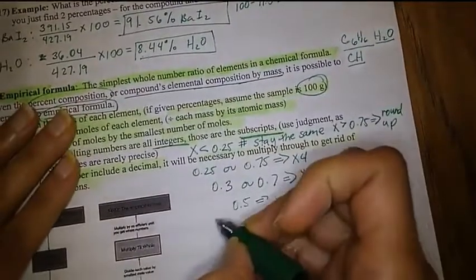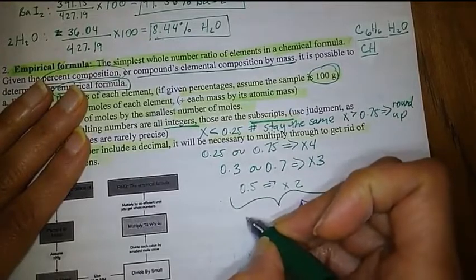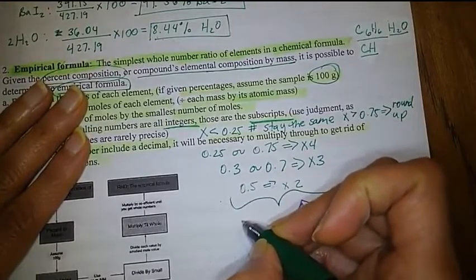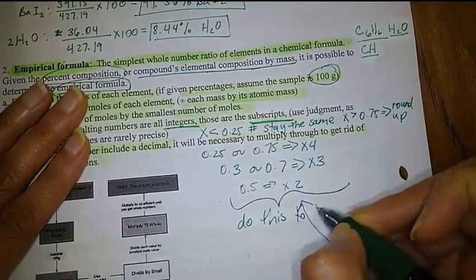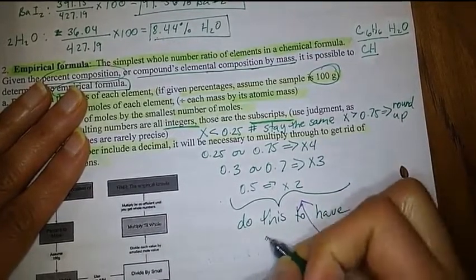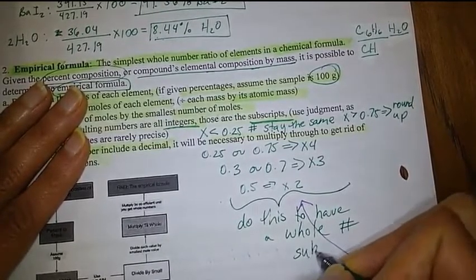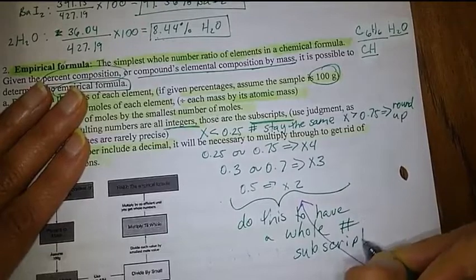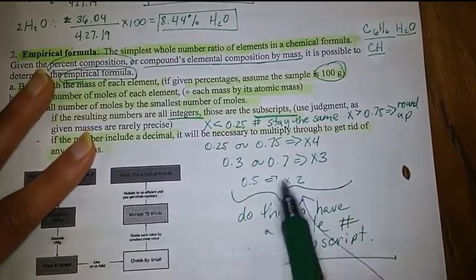So go back to your notes and write down right here what you want. This is for, do this to have a whole number subscript. Okay, that's when we look at all of this right here, these rules in here.